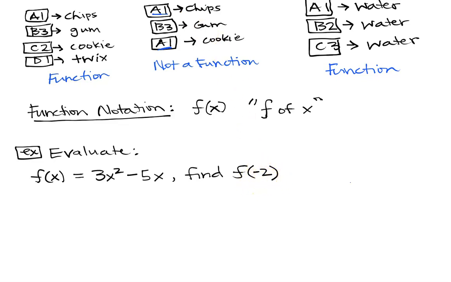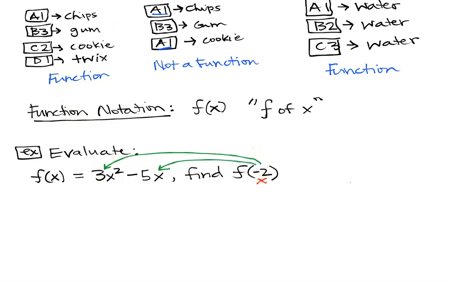And this negative 2 here is our x, right? We have it as f of x. And so what we're really going to do, when we're trying to find f of negative 2, is put negative 2 everywhere we see an x. So I'll put negative 2 in here, and also I'll put it here.